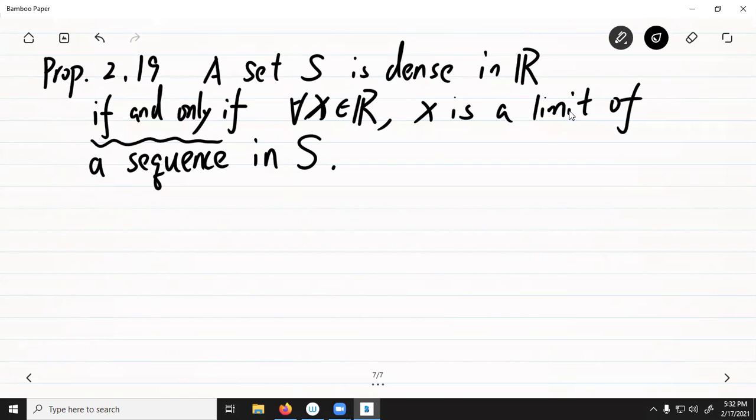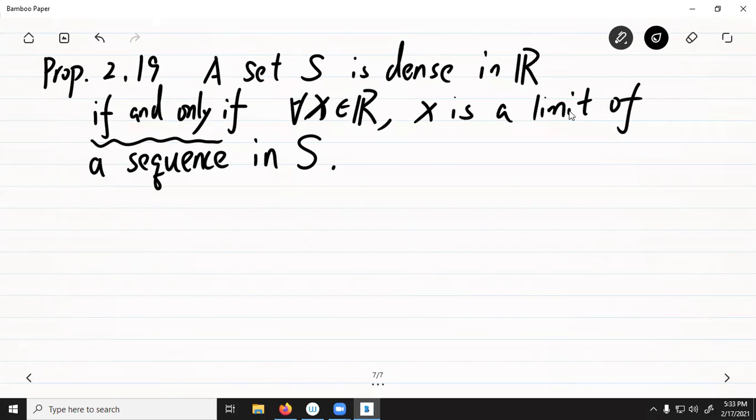One direction is, if you know statement 1, you need to prove statement 2. The other direction is, if you know statement 2, you need to prove statement 1. So what does this proposition tell us? It tells you that if the set is dense, it gives you some sense of the density.